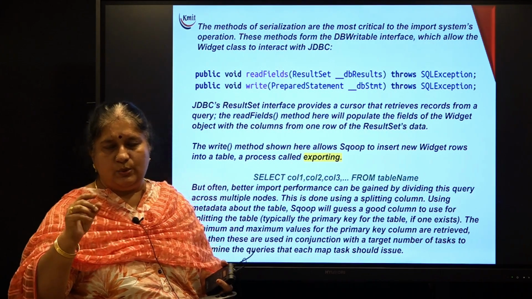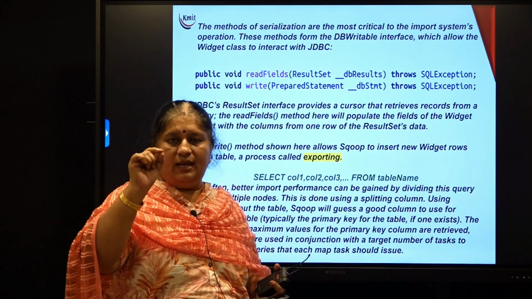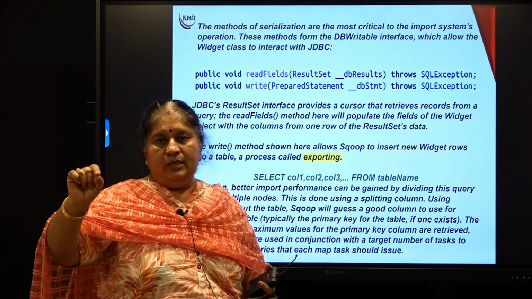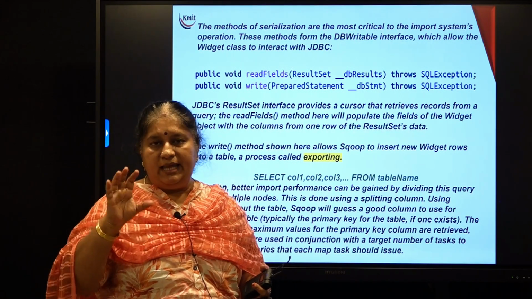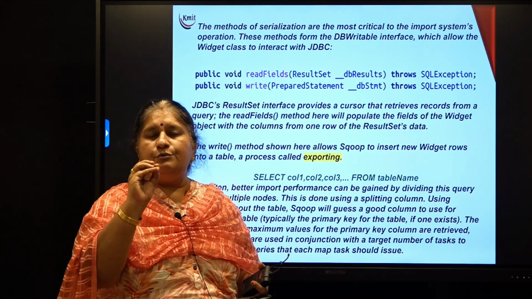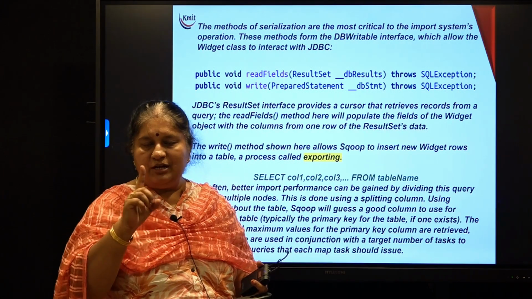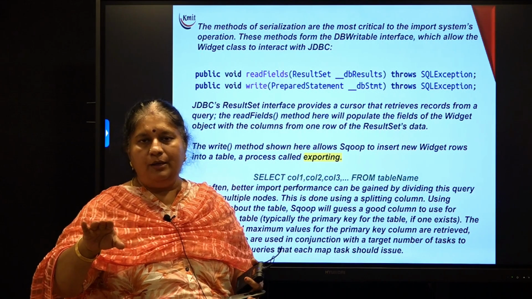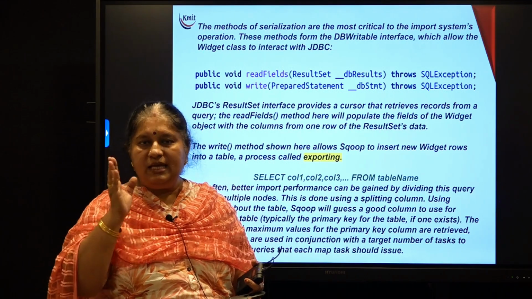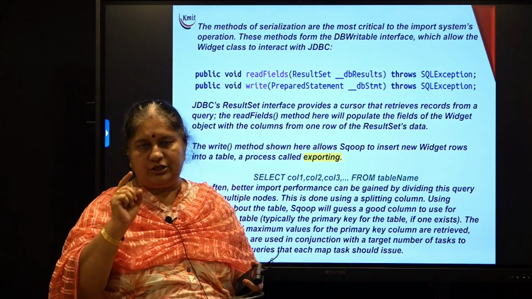If I identify my table is having very few number of rows, and if I feel one map function can finish off the job, I am specifying it, please finish it with one map function.